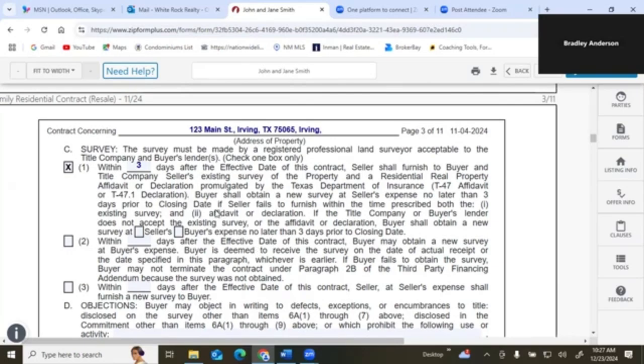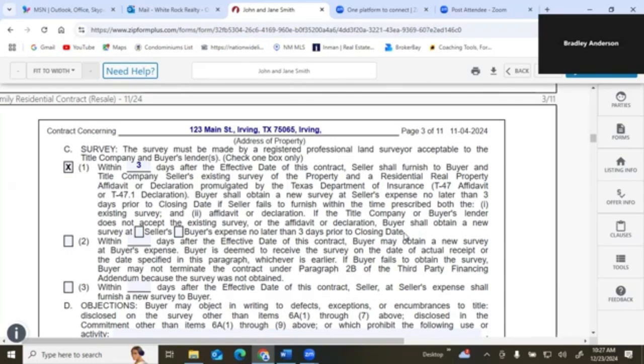So it does say that the buyer needs to get both of these things, both the survey and either the T47 or the T47.1, which is the declaration, within this amount of time. But it says if the seller doesn't provide it, buyer shall obtain a new survey at either the seller's or buyer's expense no later than 3 days prior to the closing.